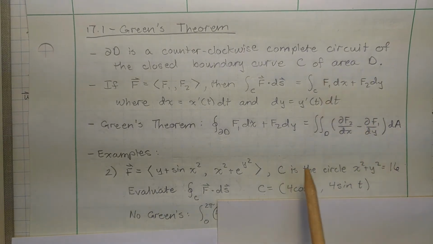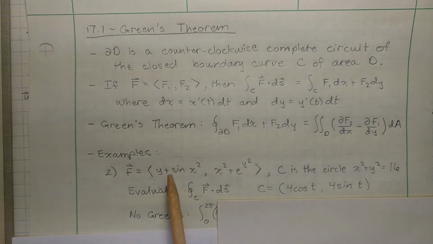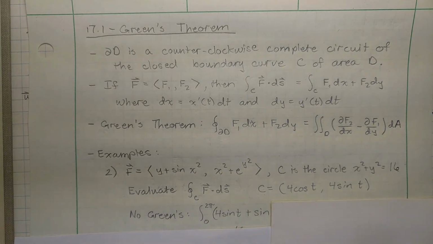It's the x component of my vector field, which in this case is this right here, with these substituted in for x and y. So there's the x component of my vector field. In for y goes 4 sine t, and in for x goes 4 cosine t, and that needs to be squared, and that whole thing needs to be multiplied by my x prime, that's the derivative of this, so that would be negative 4 sine t.